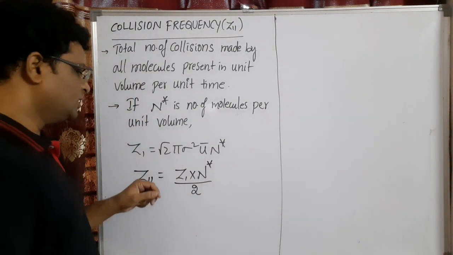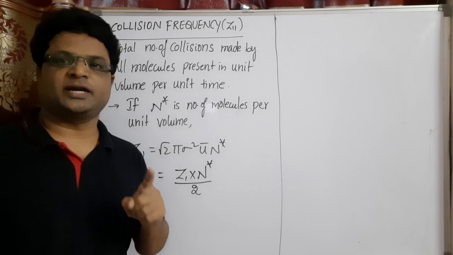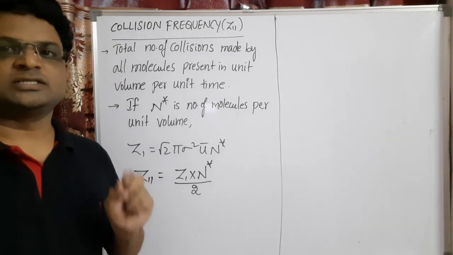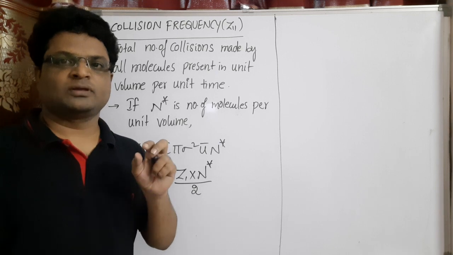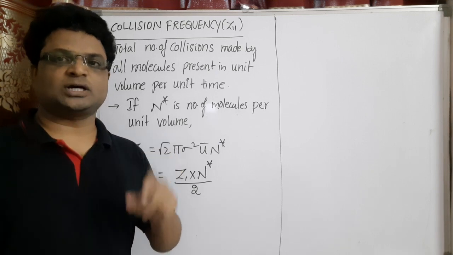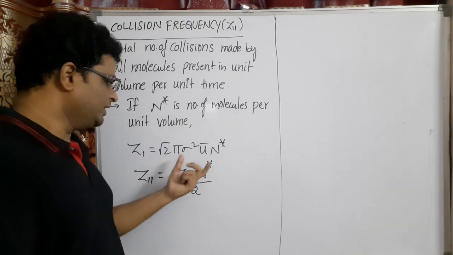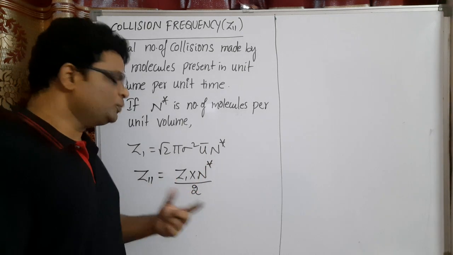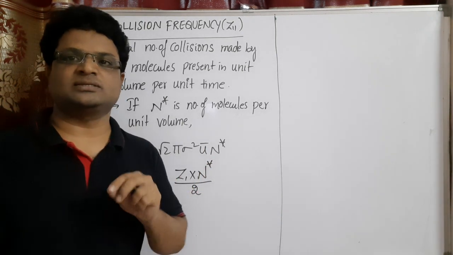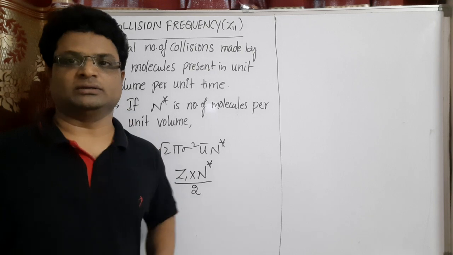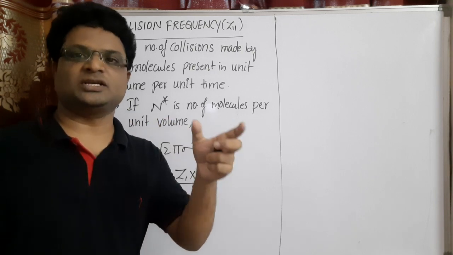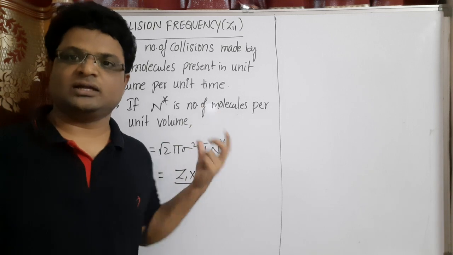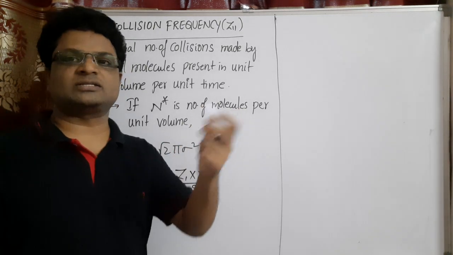How? If the number of collisions made by one molecule is Z1, then the total number of collisions made by all n star molecules is Z1 into n star by 2, because each collision is common for two molecules. If each molecule were involved in collision without any other, then the expression Z1 into n star may be correct.